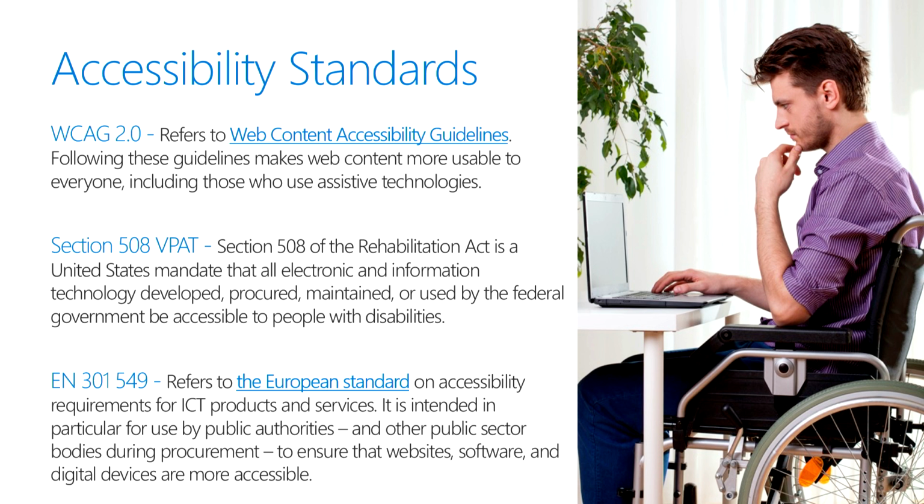This is very common in other countries as well. For example, in Europe, there is a European standard for accessibility as well. So as you're trying to research your product and figure out what you need to do, it's important to look at your regional requirements as well.